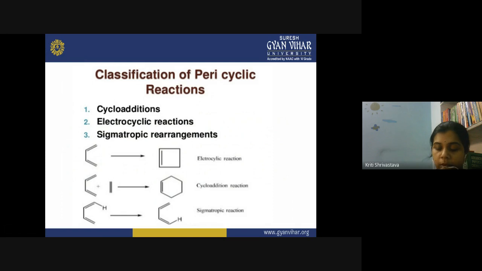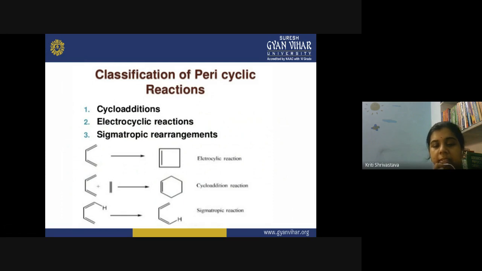You can call a chemical reaction a pericyclic reaction when it meets two conditions: when it has a concerted mechanism and when it proceeds through a cyclic transition state. So my cycloaddition reaction, like the Diels-Alder reaction, is a kind of pericyclic reaction.